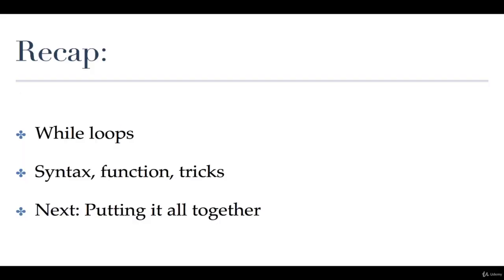All right, guys, with that, let's just do a recap. So we learned about while loops. We learned about how the syntax of a while loop works, and how we have to consider how we break our conditional statements so that we don't get caught in infinite loops. In the next section, I want to spend a little bit of time with you guys putting all of this learning from chapters 3 and 4 together.